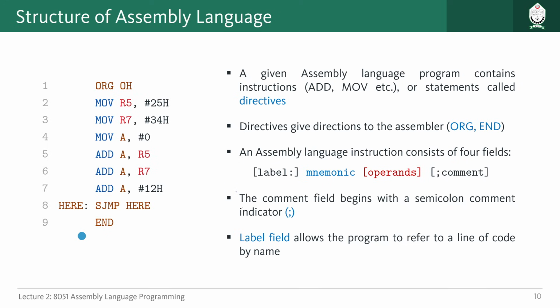That's it. For example, let us look at this first line, ORG 0H. ORG 0H means the origin should be at 0000H location, right? Whenever the assembler tries to convert this code into machine language, it will understand that it should start storing the code from 0000H location of ROM.